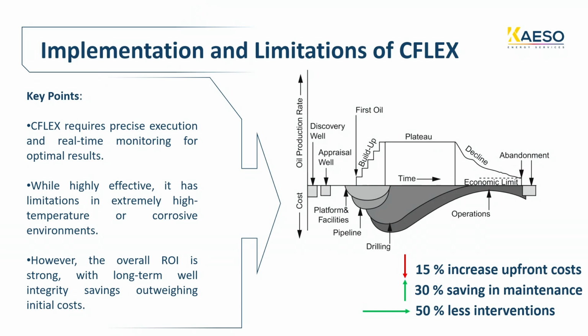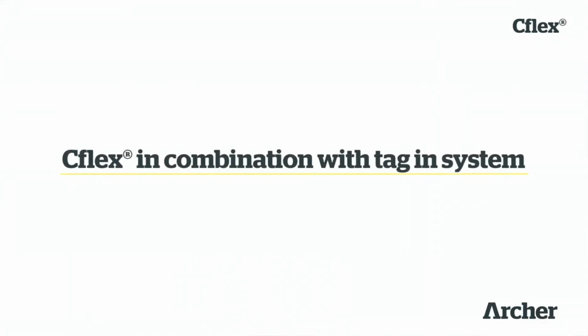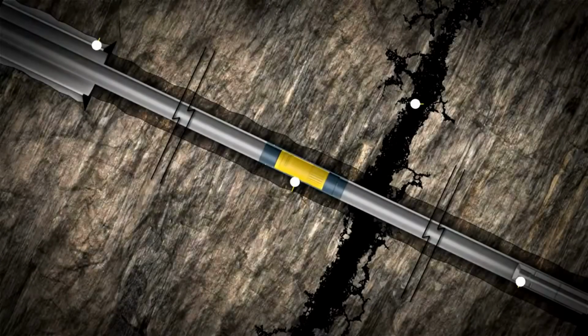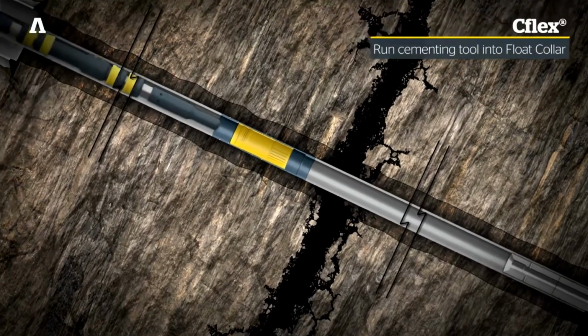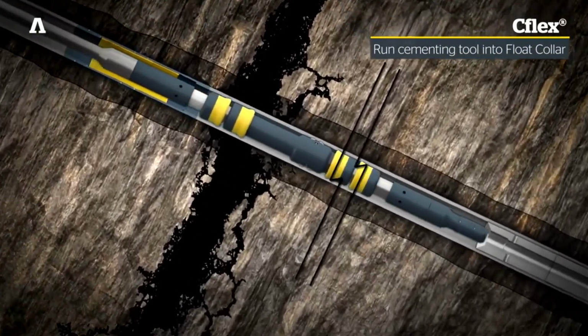And what is important to retain here is that if you have an initial problem with your cement job, you can always do a remedial job with the CFLEX to make sure that you keep the integrity of your well.